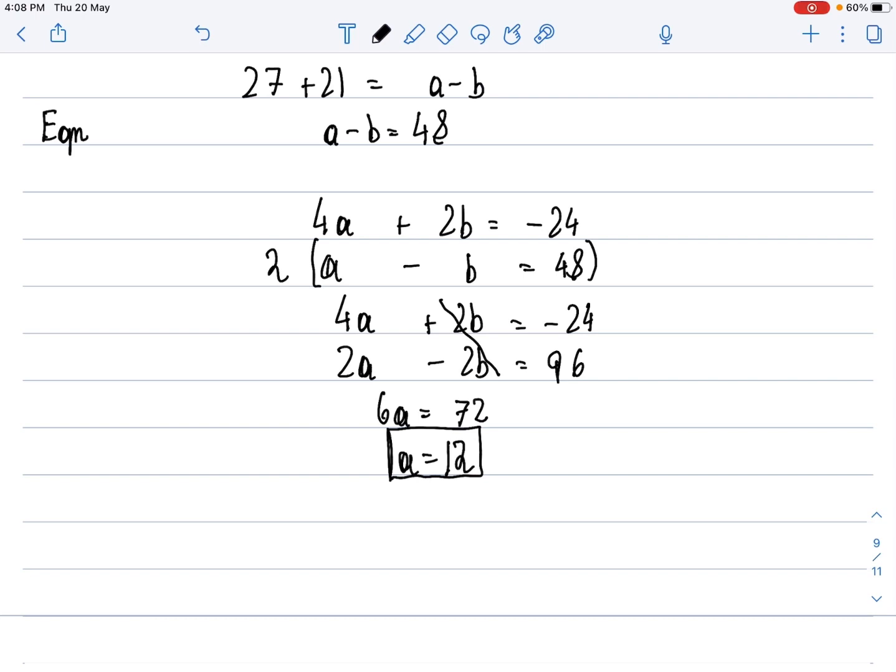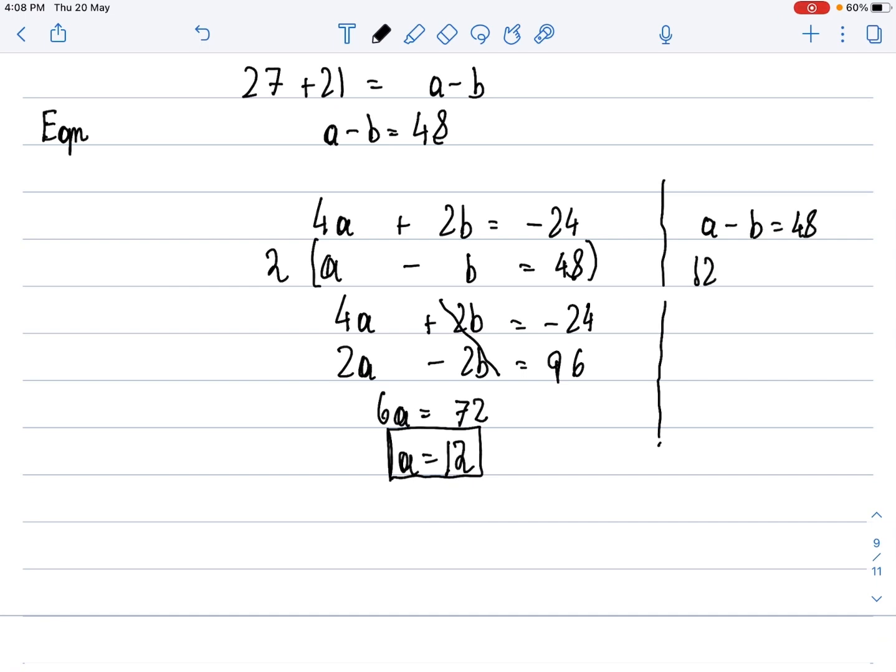Now for my b, I can use simple substitution. I know that a minus b is equal to 48. So a minus 12 is equal to 48. So I can say that a is equal to 48 plus 12, which is 60. Or no, sorry, the other way around. My bad. I calculated a again. Sorry. I know a minus b is equal to 48.